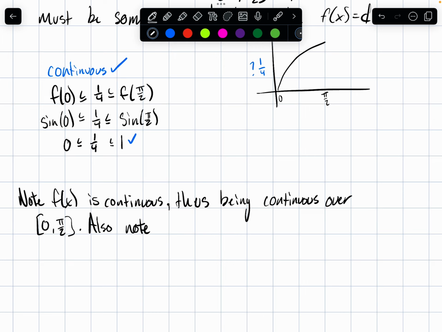Also note that f of 0 is less than or equal to 1/4, which is less than or equal to f of pi over 2, or 0 is less than or equal to 1/4, which is less than or equal to 1.